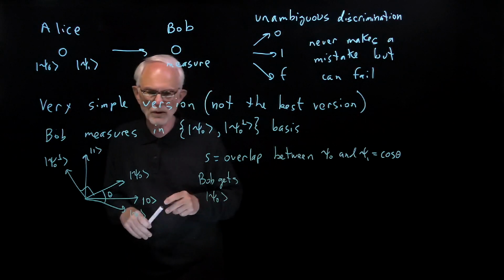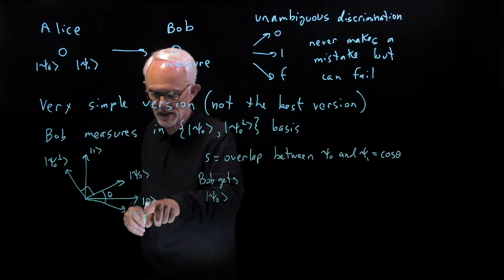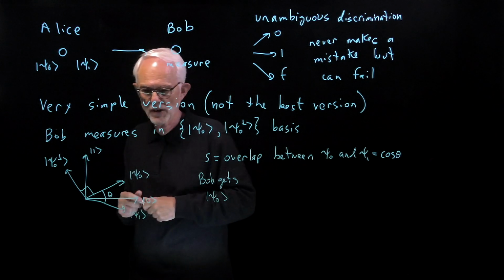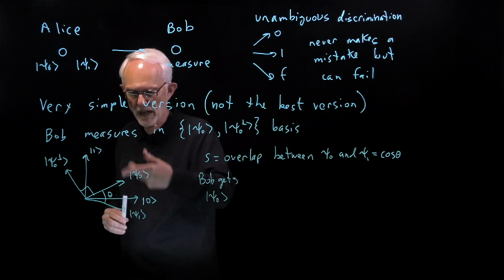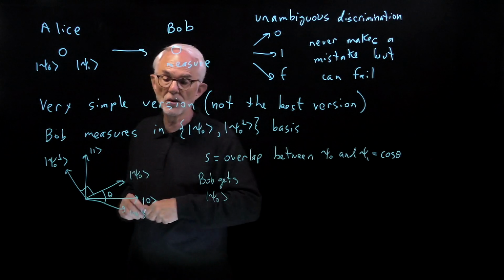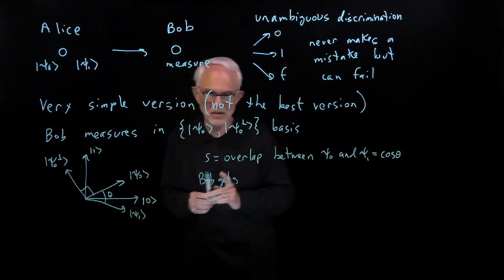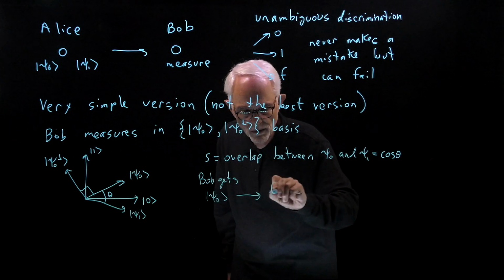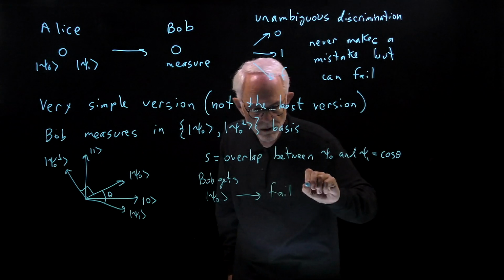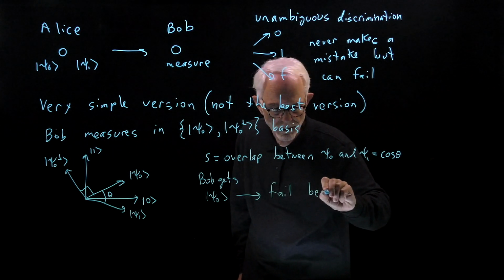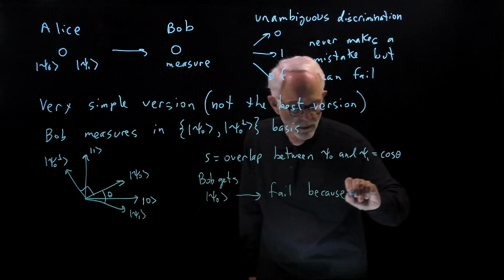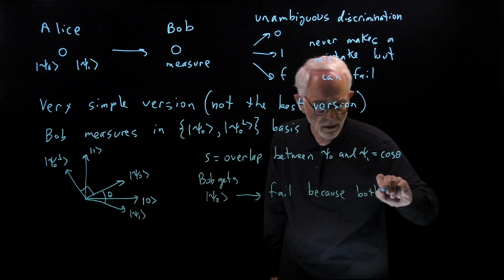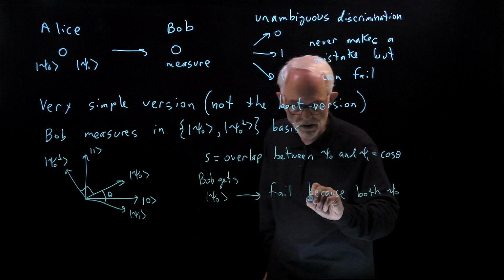So there's a certain probability that if psi1 is sent, Bob could measure psi0. So with either psi0 or psi1 sent, he could in fact get the result psi0. That means that this is a fail, because both psi0 and psi1 could produce it.